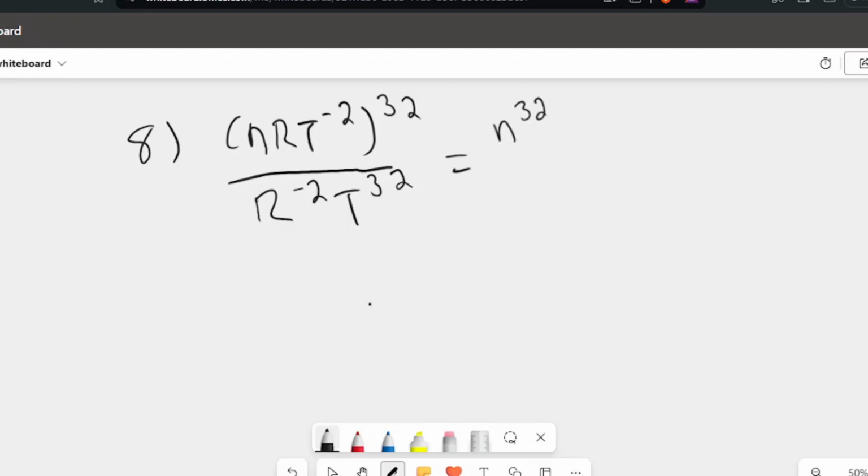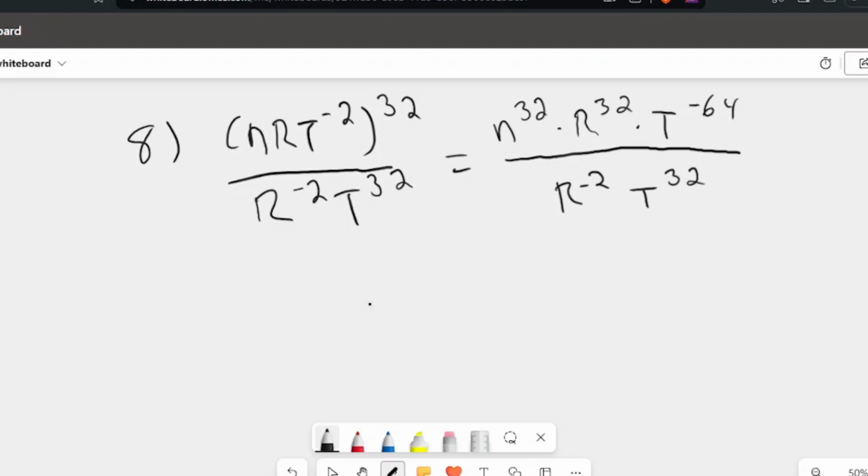N to the 32, r to the 32, negative 2 times 32 would be t to the 64. This would remain the same, so r to the negative 2, t to the 32.